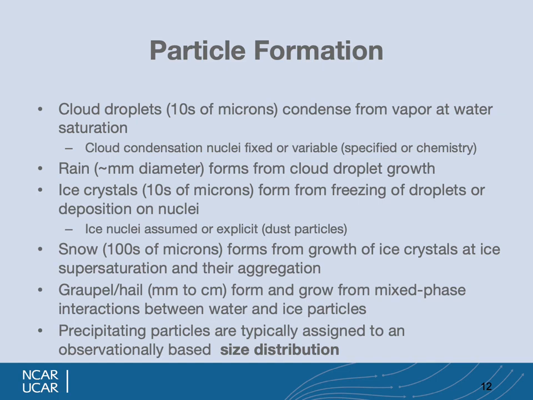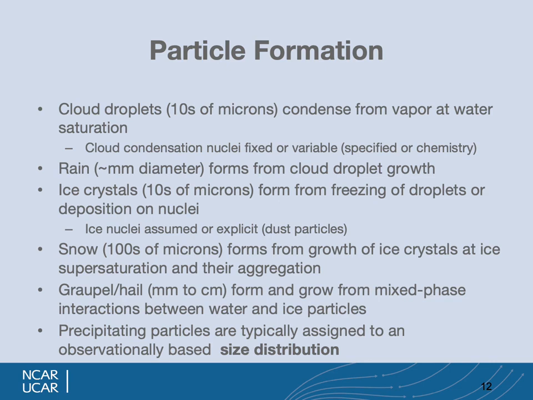Snow, it's hundreds of micron size and forms from the growth of crystals at ice supersaturation and their aggregation. Graupel and hail are millimeters to centimeter size and form and grow from mixed phase interactions between water and ice particles. So snow and cloud water, for example, would merge to form graupel. And then denser versions of graupel, when there's more riming, more water, you get denser particles, which could be treated as hail.